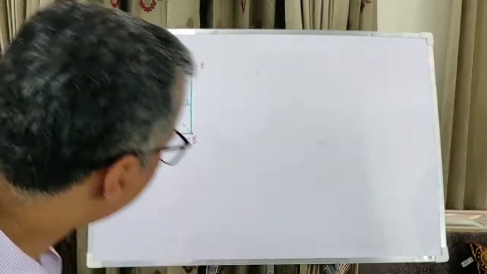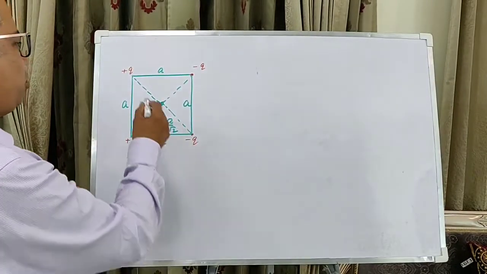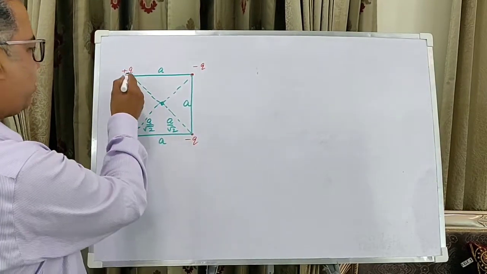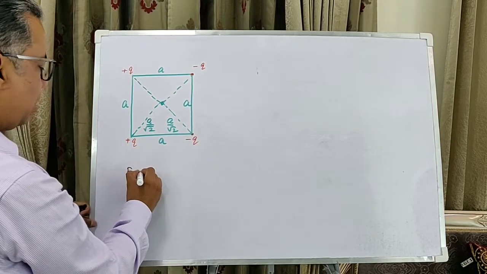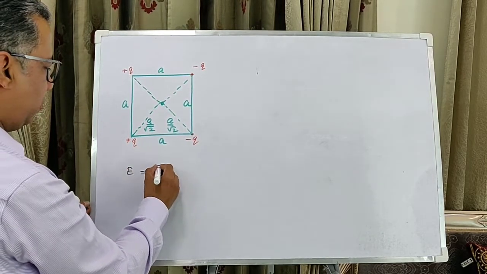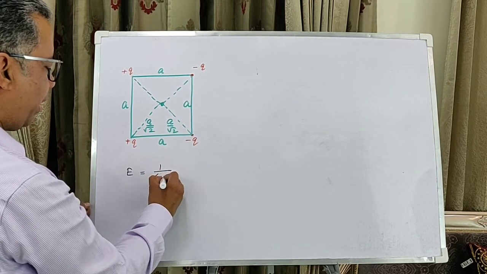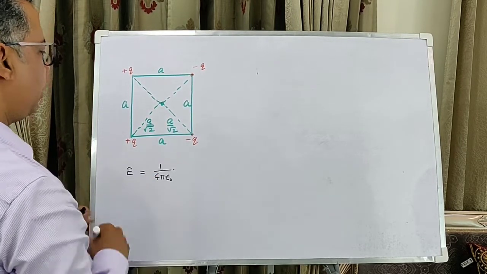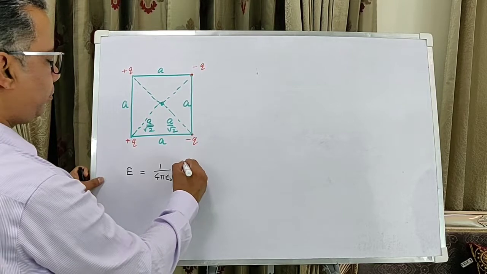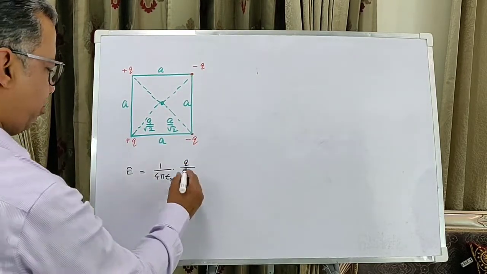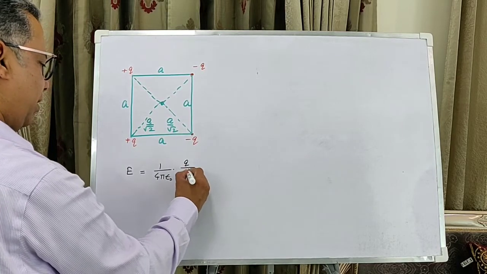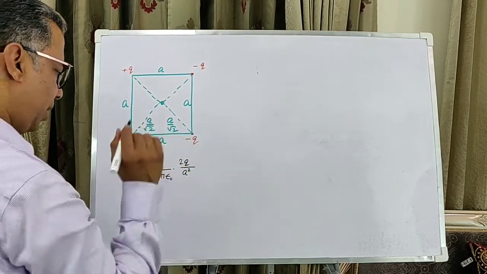and then we'll be doing a vector summation. Now the field due to a charge of magnitude Q at a point distant A by root 2 from it, E would be equal to 1 by 4 pi epsilon naught times Q divided by the square of A by root 2, that's A square by 2, and we get this.